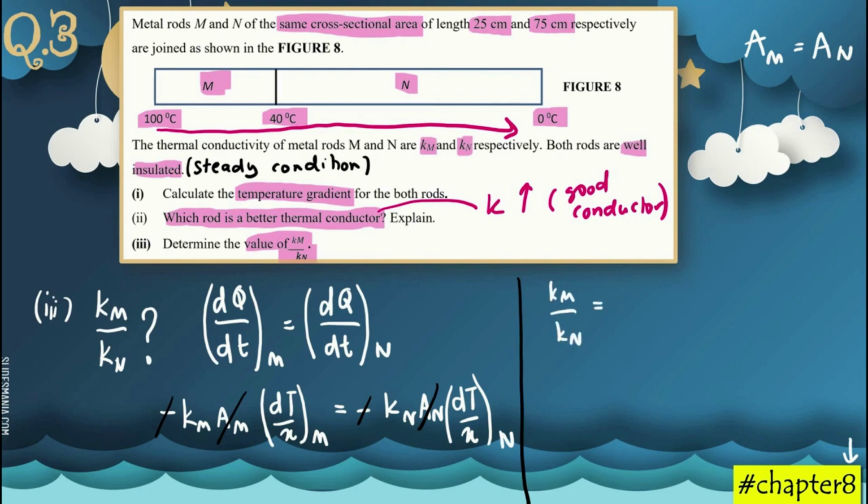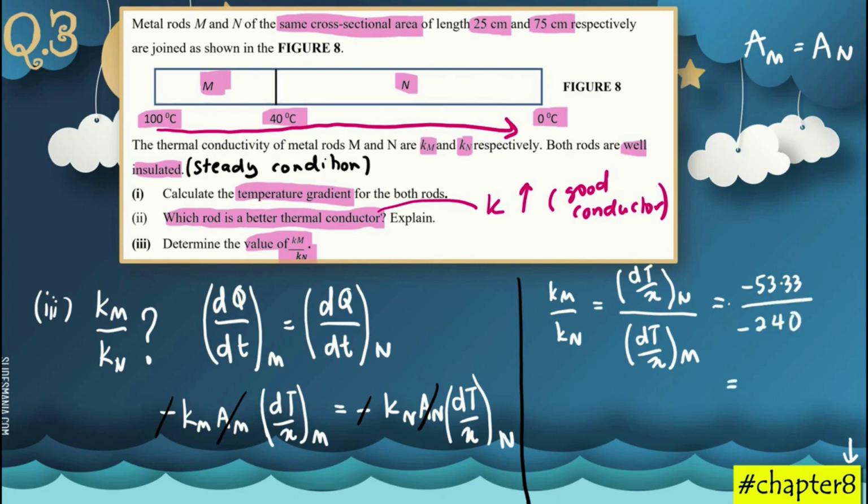This is equal to dT over S for N divided by dT over S for M. And from the first question, we have calculated both gradients. So it is equal to negative 53.33 over negative 240. Then finally you'll get 0.222.